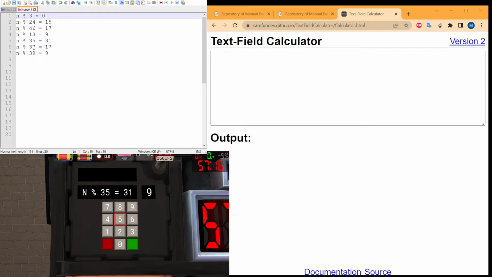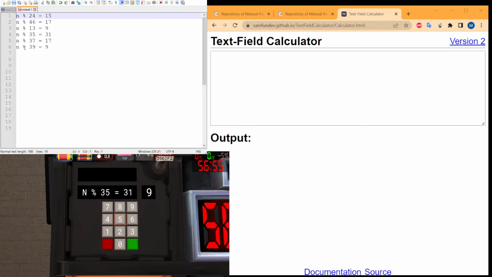And by the way, this equation is an implication of this equation. As you can see, if n modulo 24 is 15, then it's always going to be divisible by 3. So we can get rid of this equation.